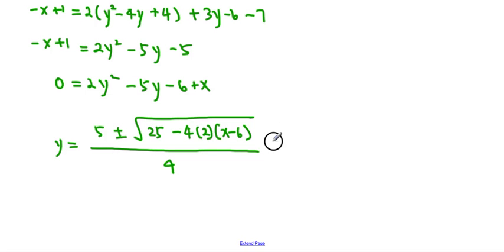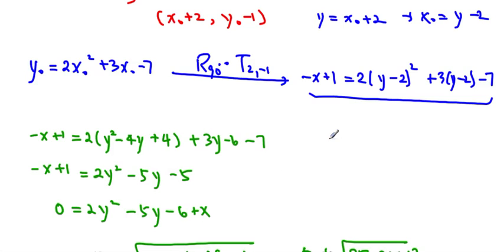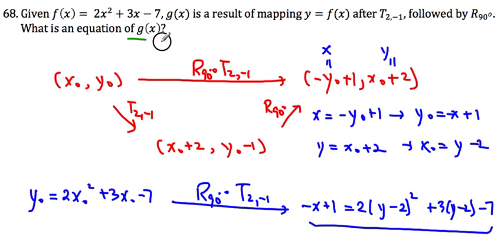Now, just to simplify, we end up getting 5 plus or minus square root of 25 minus 8 times (x minus 6), all over 4 becomes our answer. To make it into a function, we could either pick positive or we can just pick negative. Either one is fine. All right, and that would be the expression of our g of x.